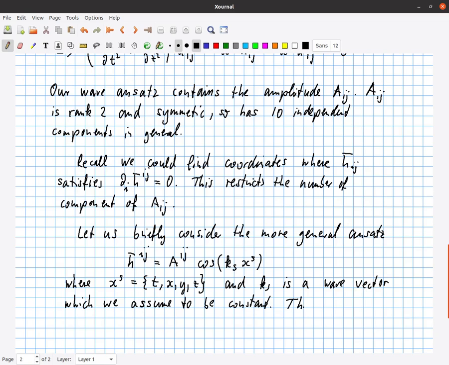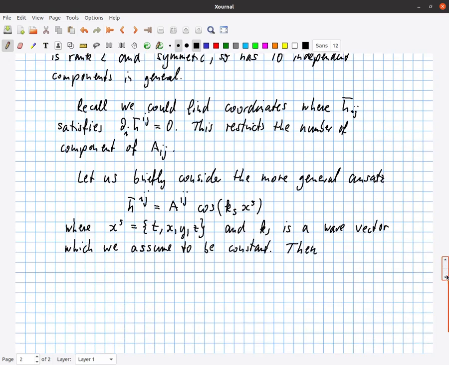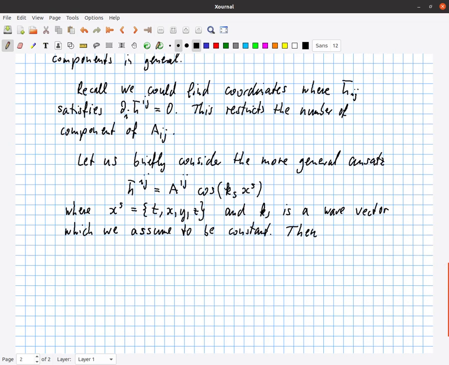And then, obviously, I could have started with this general ansatz here, but if we're using the slightly more general ansatz, then if we have a look at this gauge condition, partial i acting on h bar ij, this then acts on all of this here, k s x s. We know that the A ij's are constant. We can pull them out.